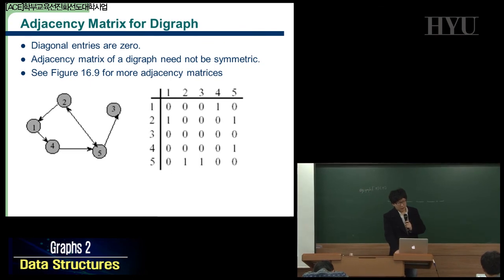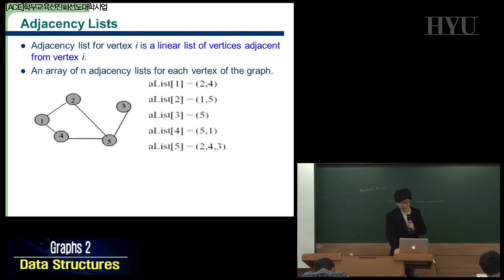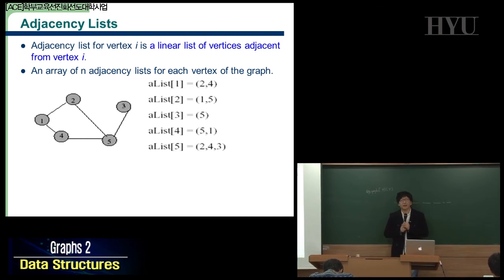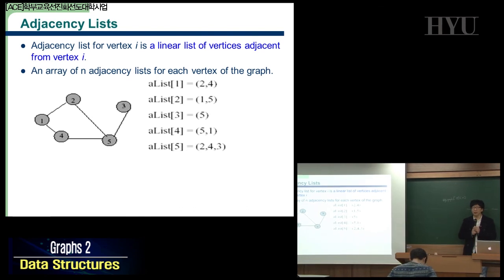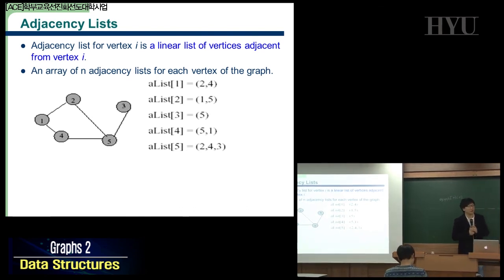What about others? Adjacency list. The matrix seems to have a lot of empty space in it, so you're wasting your space, right? A lot of zeros, only a few ones.